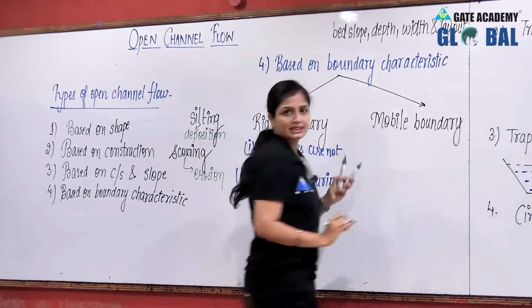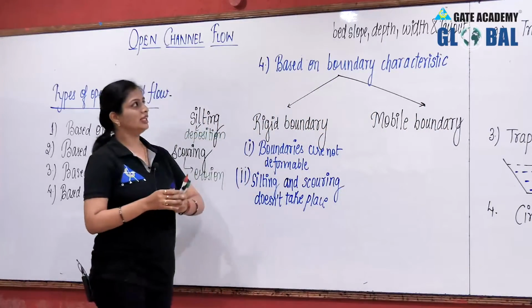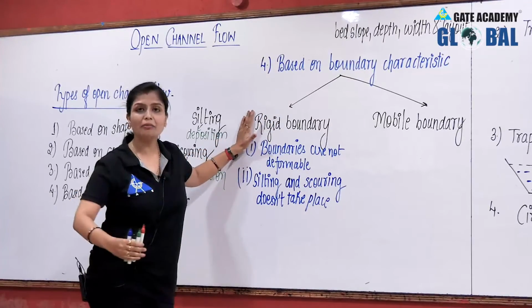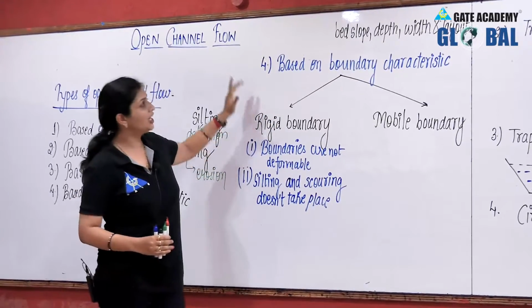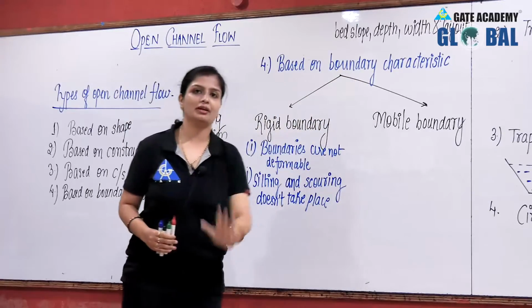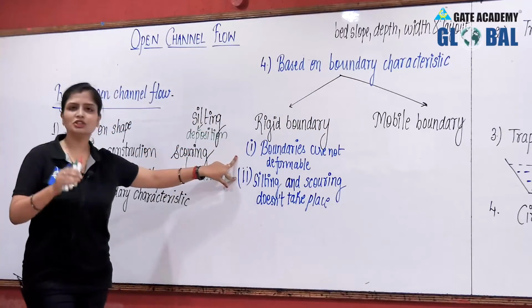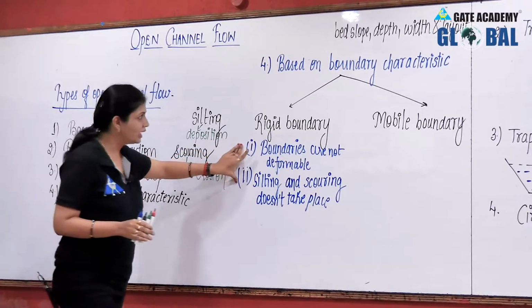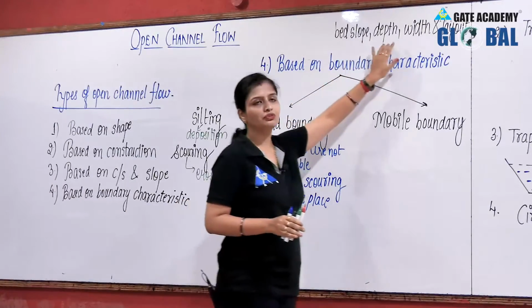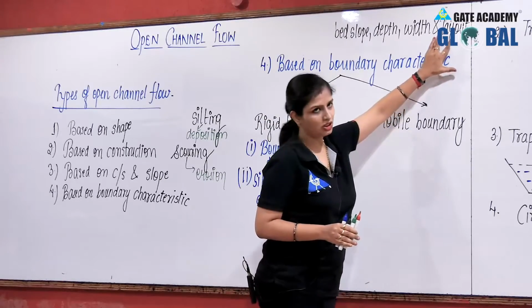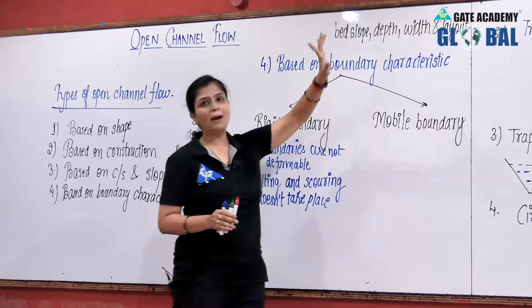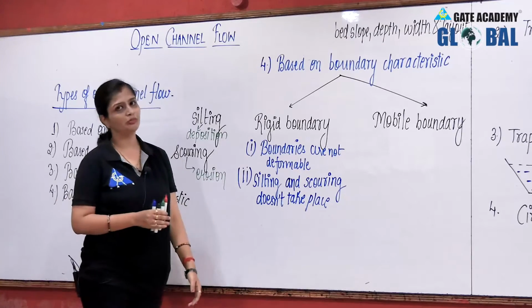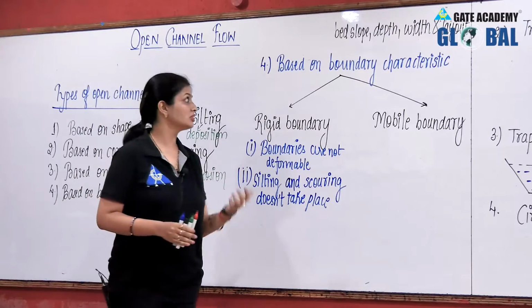Now, when you have these 4 parameters and I ask you which parameters vary in rigid boundaries, what will you tell me? Come on, I have written these 2 statements. With the help of this, could you tell me out of these 4 parameters, how many parameters will vary and which will be constant? Come on, just think once.